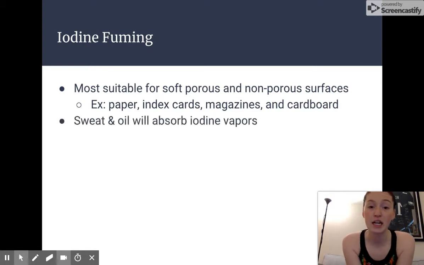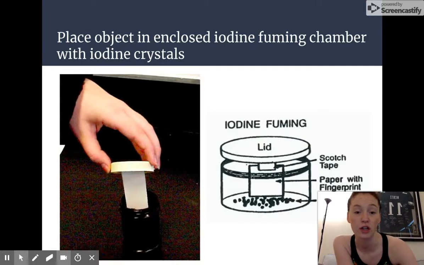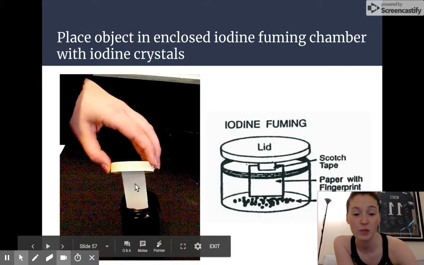The idea here is that when placed with the iodine, the vapors that come off of the iodine crystals will be absorbed by the sweat and oil left over from that fingerprint, and it would allow it to turn a color. So the way that this works is you have your object that theoretically has a fingerprint on it.